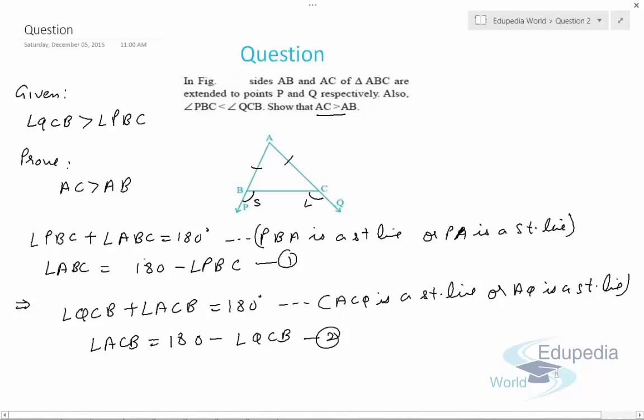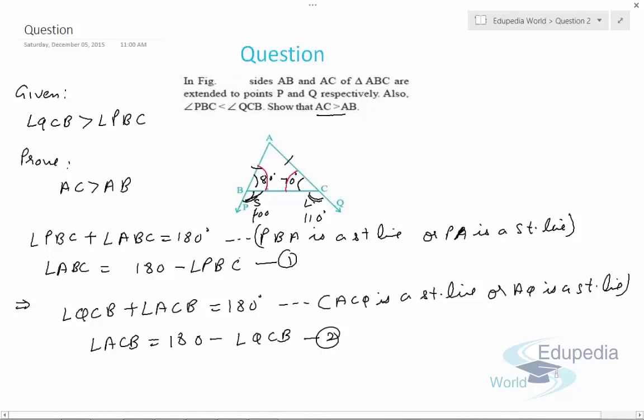Now, as we know, angle PBC is smaller than angle QCB. Let's say, for example, this is 100 degrees and this is 110 degrees. If this is a straight line, this will become 80 degrees and this will become 70 degrees. So if this angle is smaller than this angle, then this angle will become larger than this angle.